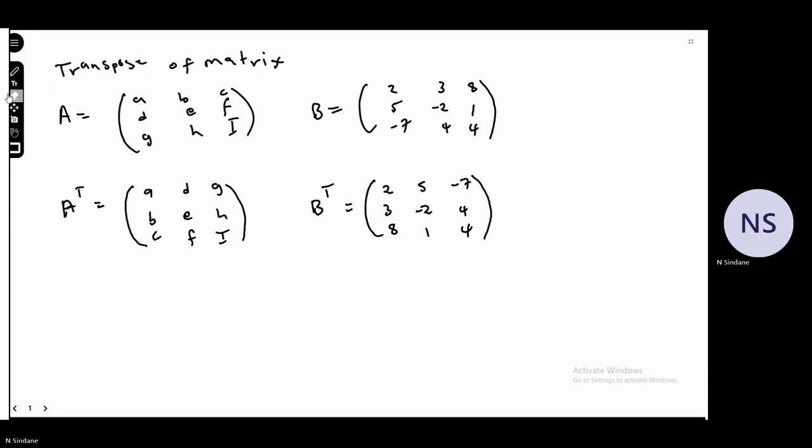Let's talk about the inverse matrix. How do I identify the inverse matrix?